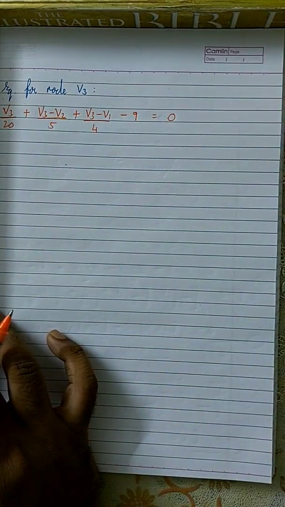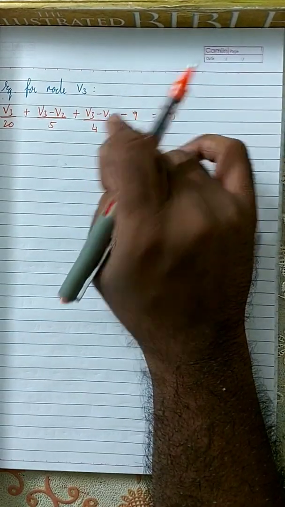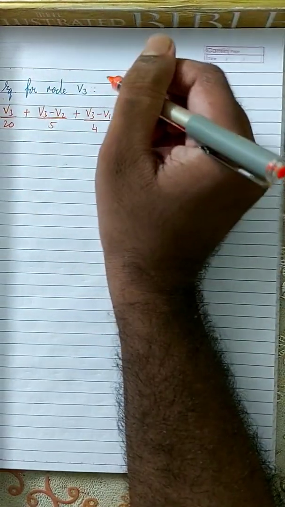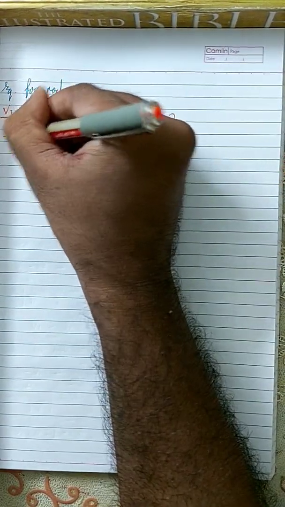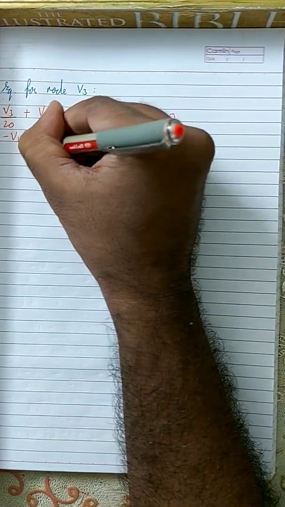This is the equation. So now I am going to express it in terms of V1, V2 and V3. First I'll start with minus V1 into, V1 is already over here, this is 1 by 4.